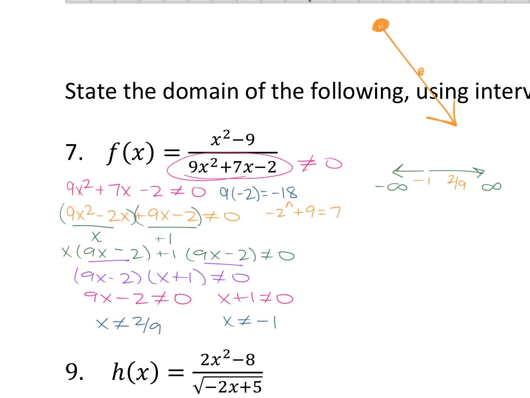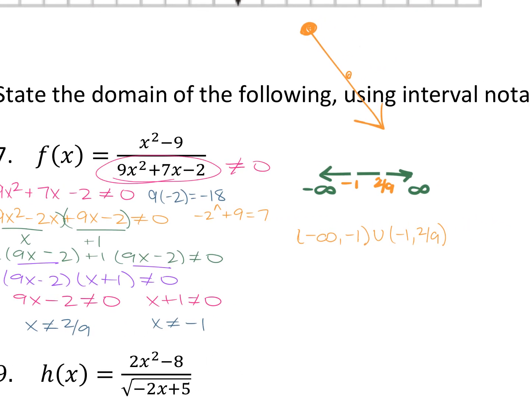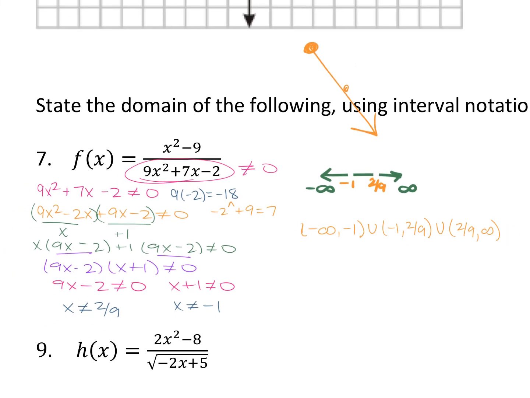For interval notation, you would be going from -infinity to -1, not including the -1, so parentheses, with a union from -1 to 2/9, not including either of those, so parentheses on both, with a union from 2/9 to infinity. So ultimately, since it asks you for interval notation, this is your answer.